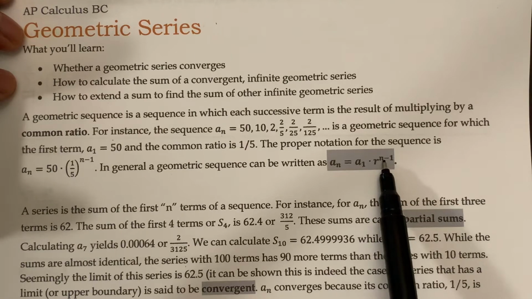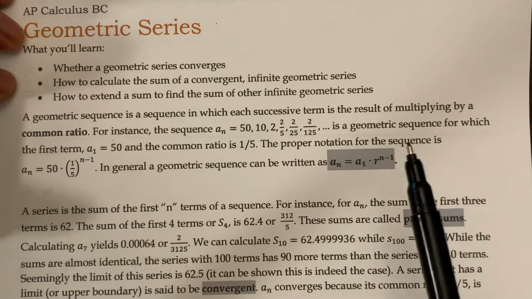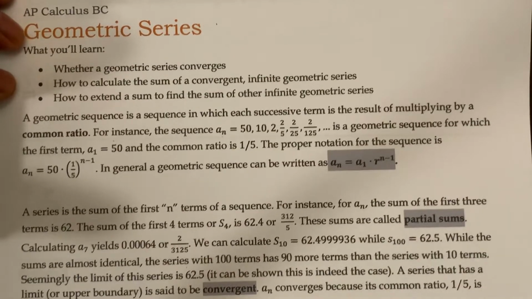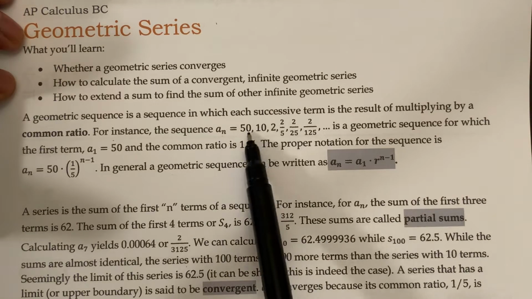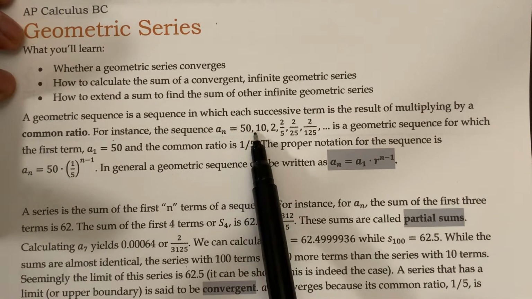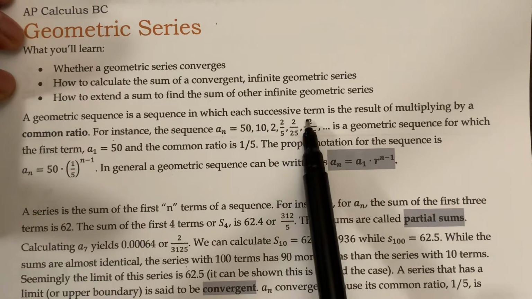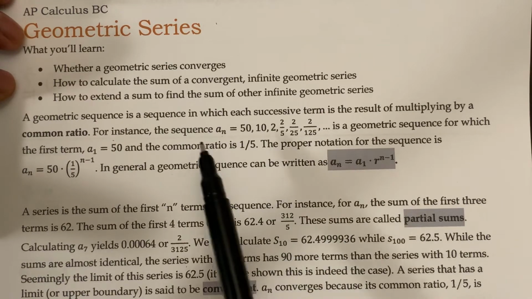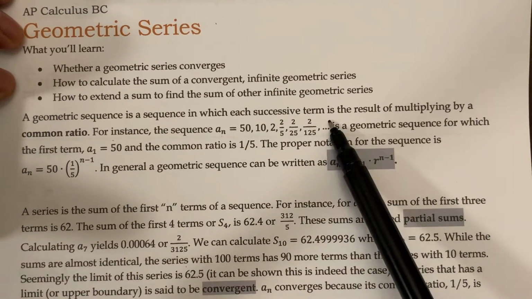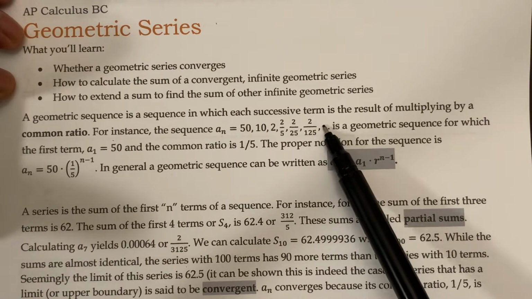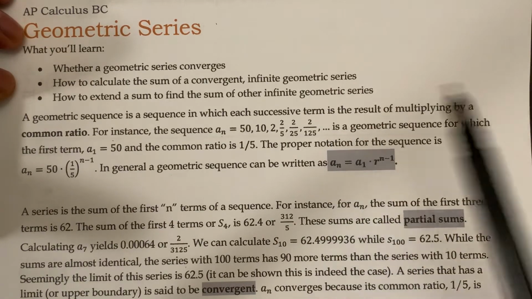Generally speaking, we're going to use n minus 1. Sometimes we'll use n. It's up in the air. So anyway, the sequence is 50, 10, 2, 2/5, 2/25, and 2/125. And then the next term would be 2/625, and then 2/3125, and so forth.